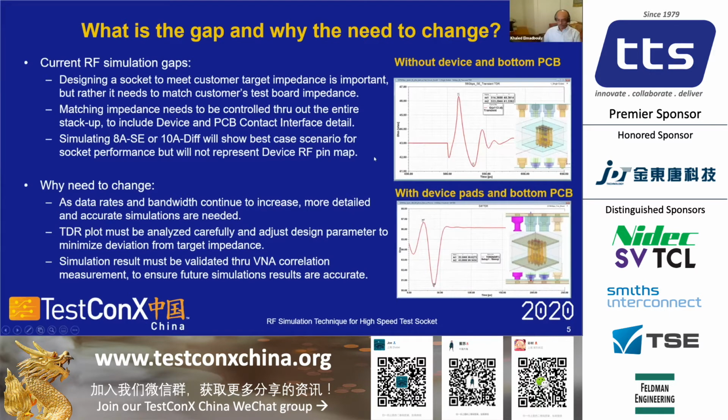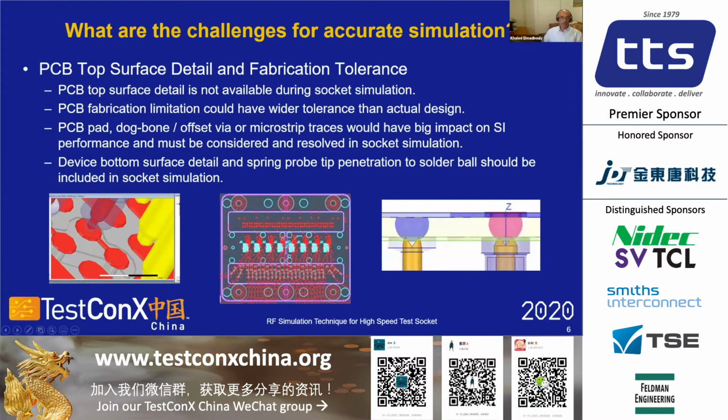So next, what will be the challenge for getting accurate simulation? The challenge is most of the time the PCB design detail is not available during the initial socket simulation.